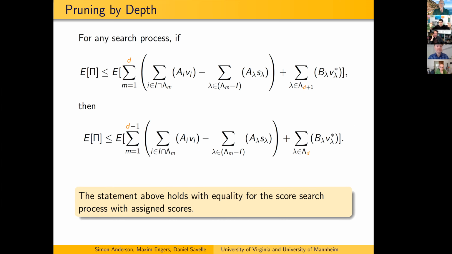This is the idea that you start at depth D, the maximum depth, and we've already pruned there because A_i equals B_i and V_i equals V star. And then if you have pruned up to depth D+1, you can apply this lemma to all nodes of depth D, grouping them properly and moving now to one lower depth.